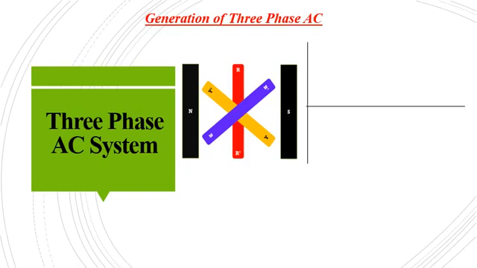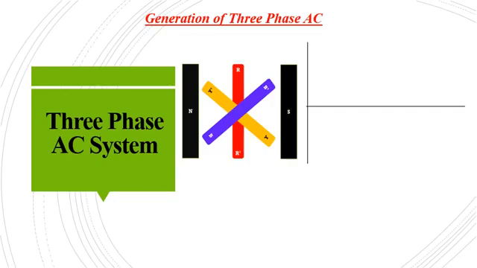So for generating a three-phase voltage, 3 identical coils are placed at 120 degrees from each other and rotated in a uniform magnetic field. So why is the spacing between these coils 120 degrees?